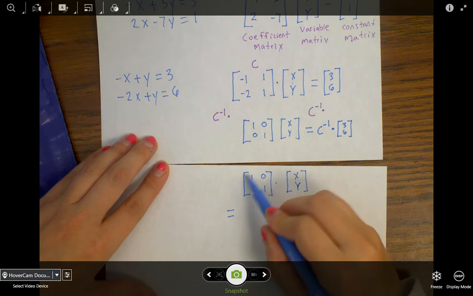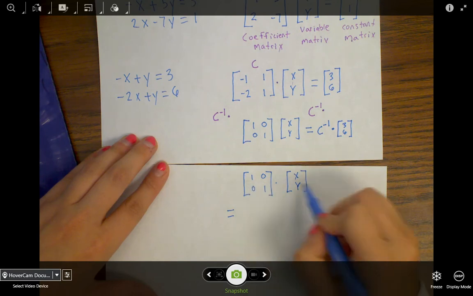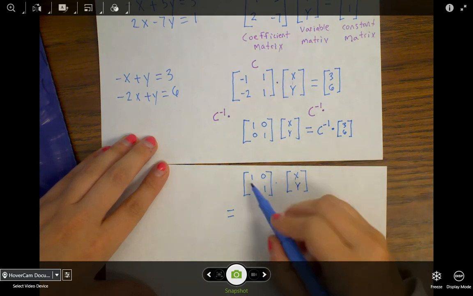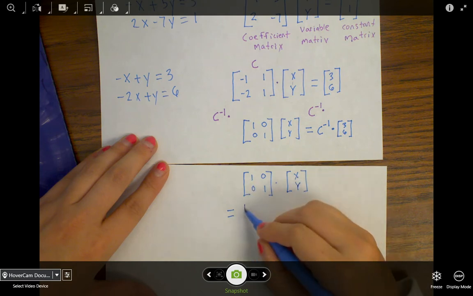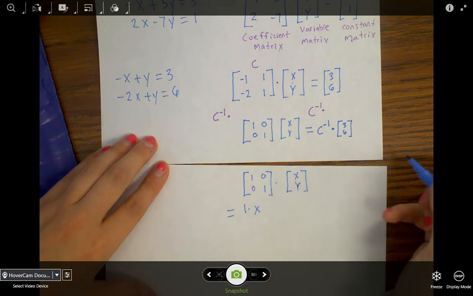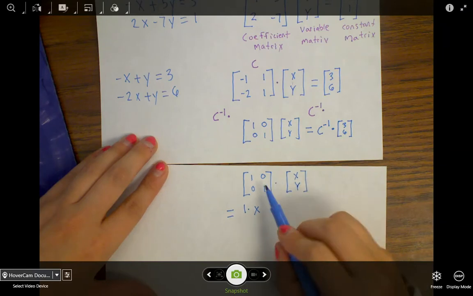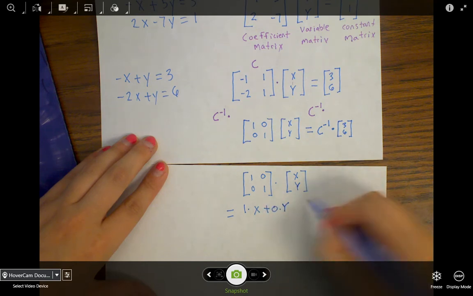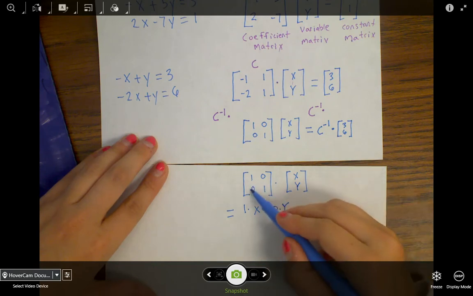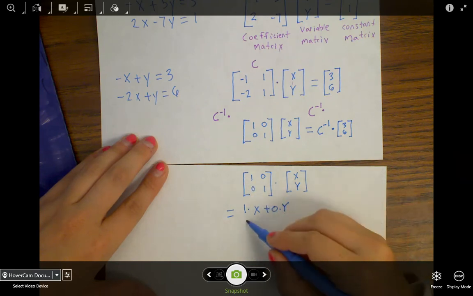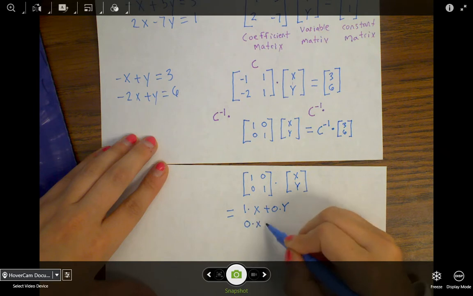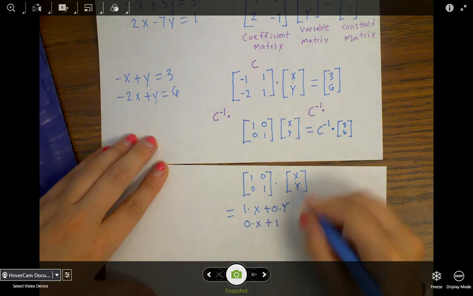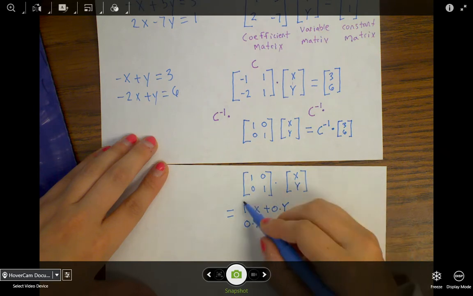So notice that we're going to start in our first row, and we only have one column, so we're only going to do one column. So we would have 1 times x, going across our first, down our second, plus 0 times y. We don't have another column, so that's going to be it. Going down to our second row, we would have 0 times x, again across our first, plus 1 times y.